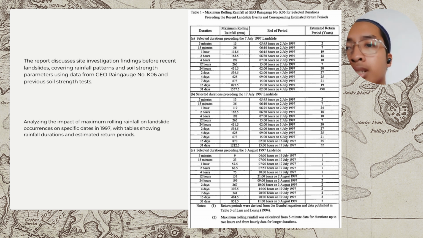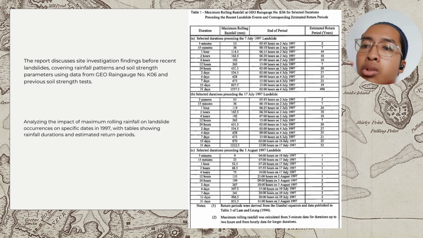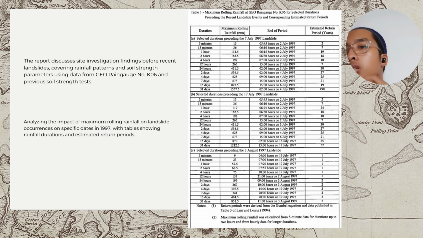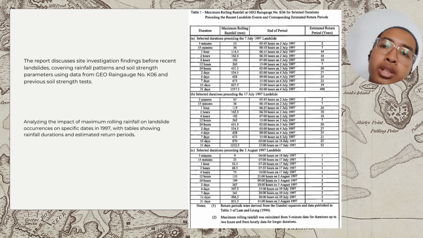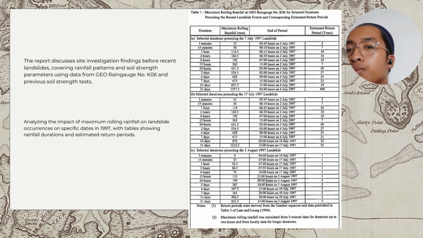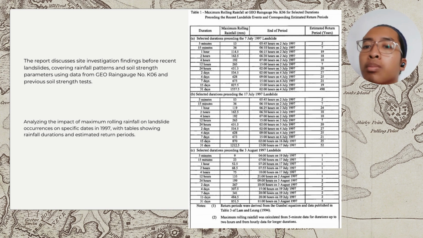Maximum rolling rainfall analysis is the objective: analyze the maximum rolling rainfall and its impact on landslide occurrence on 7 July 1997, 17 July 1997, and 3 August 1997. The table summarizes the maximum rolling rainfall for various durations preceding each landslide, with the corresponding estimated return period.